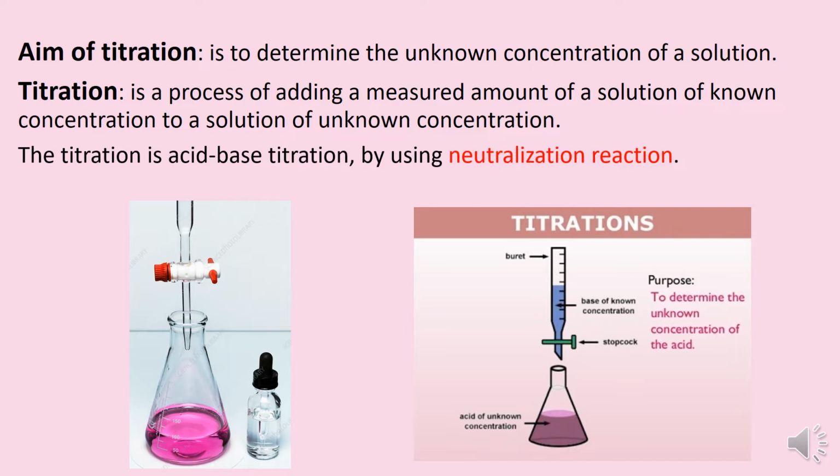As you see, the burette has a stopcock that can be opened to let the solution pass through it, and the flask contains acid of unknown concentration. By titration, its unknown concentration can be determined. So, the purpose or the aim of titration is to determine the unknown concentration of the acid.